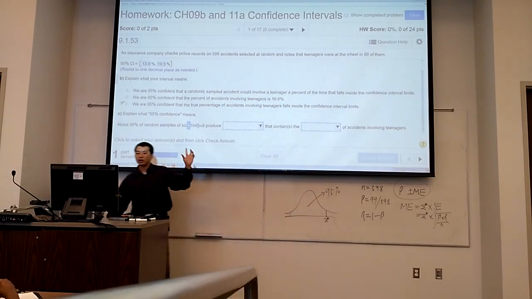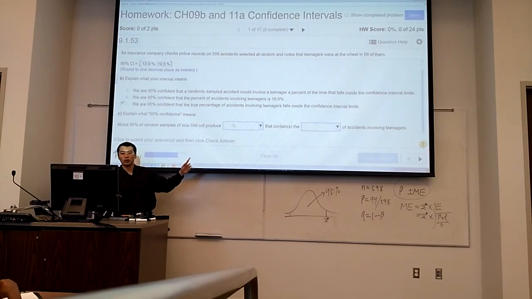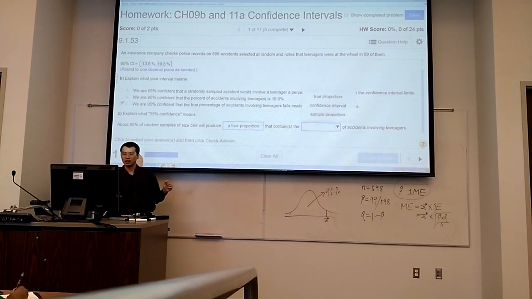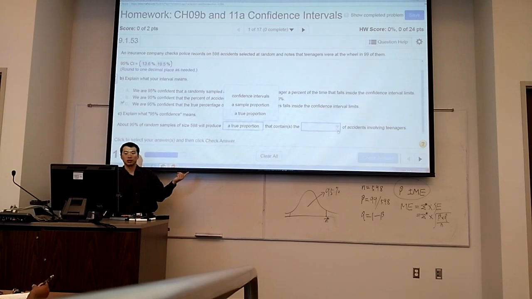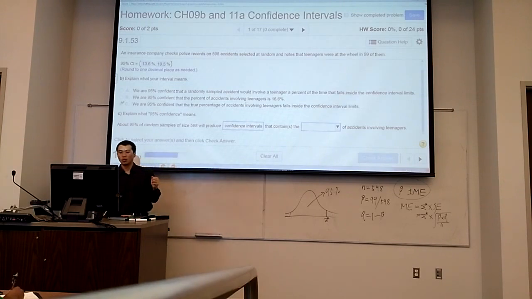So for this particular confidence interval, that is for this sample size, we want to construct the interval that contains the true proportion.